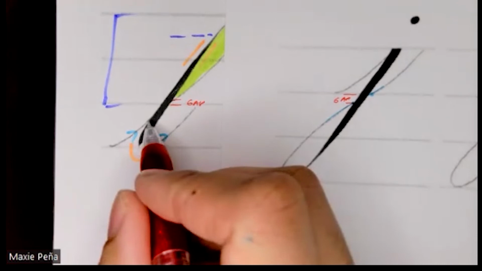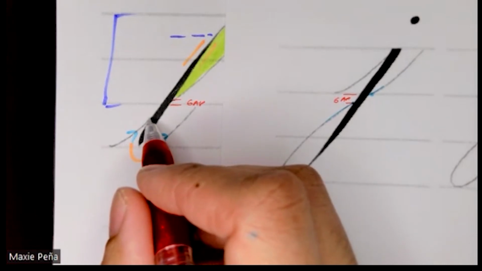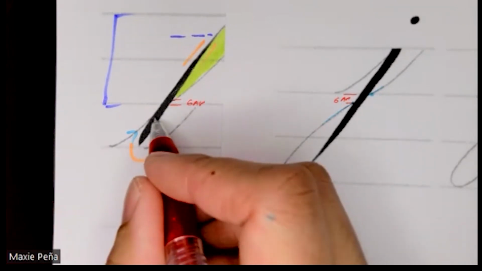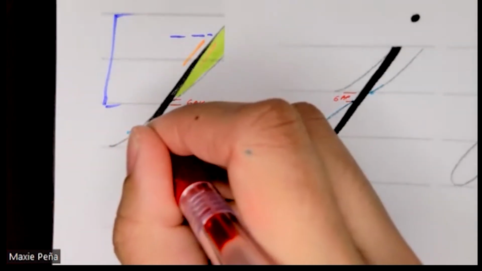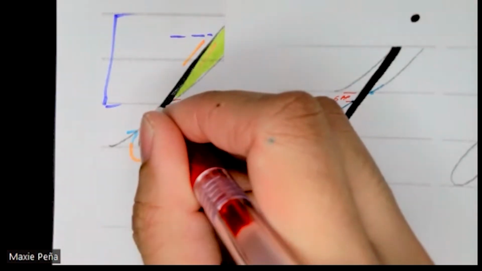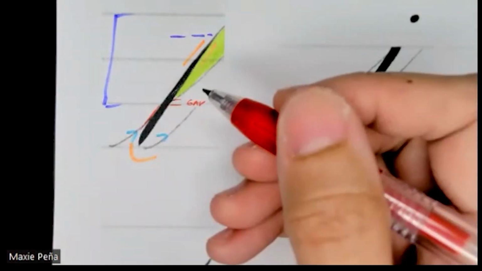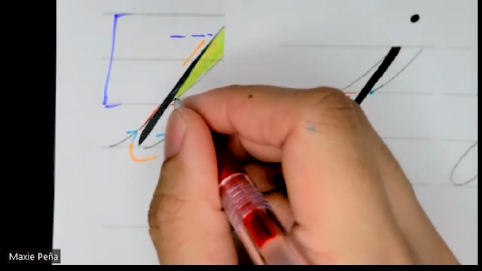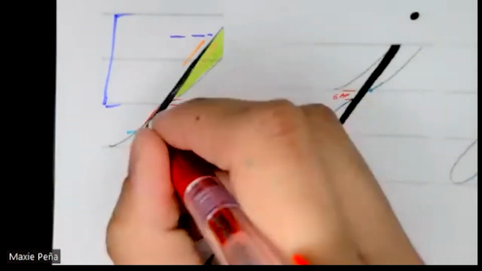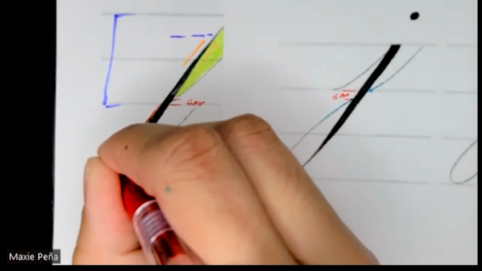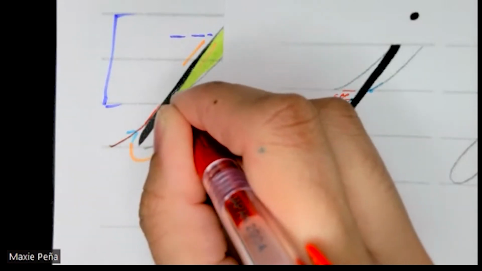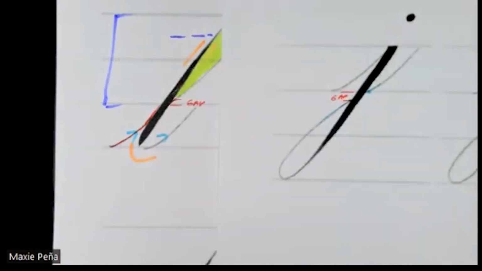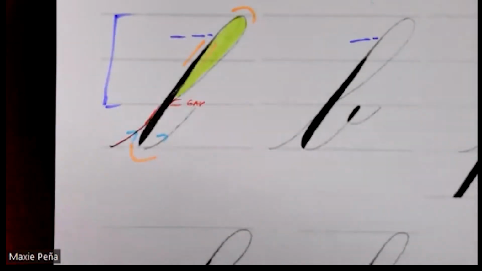I don't necessarily pay attention to where this is, but if you want it to be more consistent, I would leave more gap over here, or rather I would meet it higher, but not too high that it doesn't make sense. What I'm trying to say is try to maintain that illusion where this hairline connects to the loop in a seamless motion through the shade, and that's where the gap comes from.